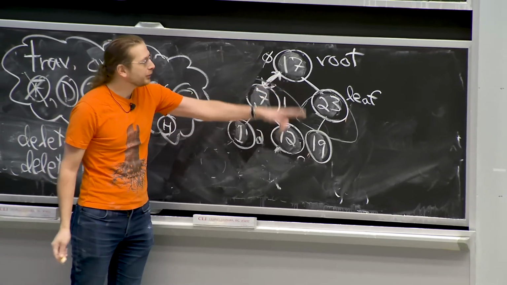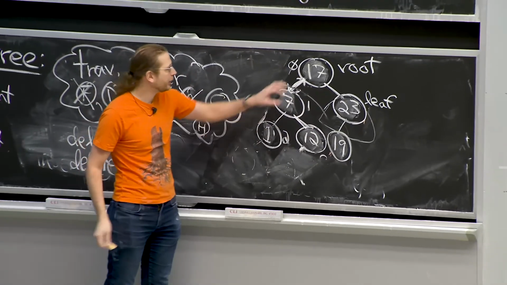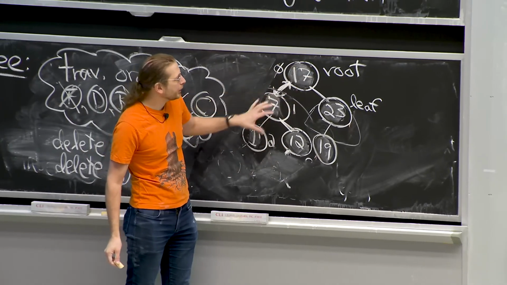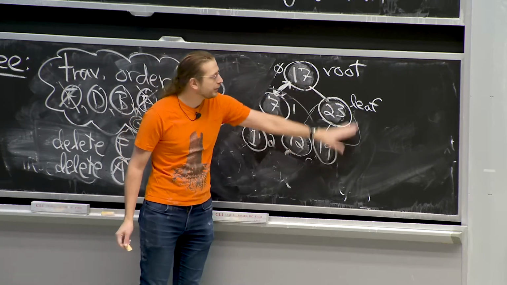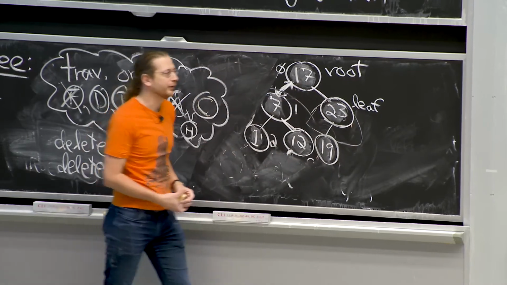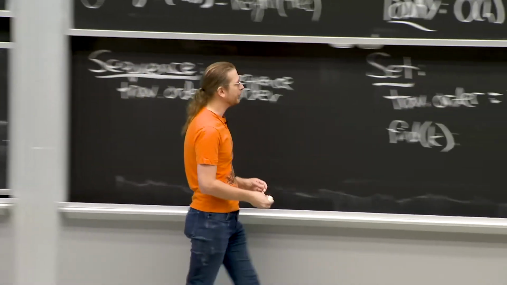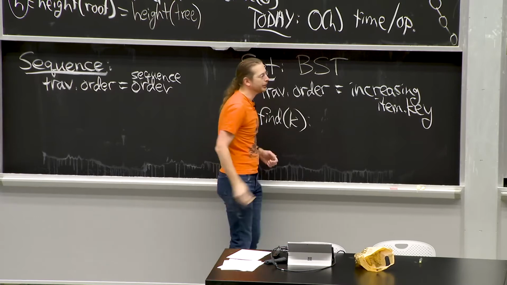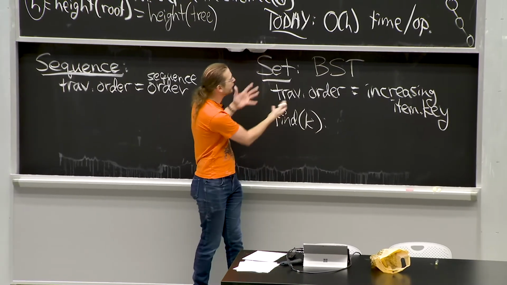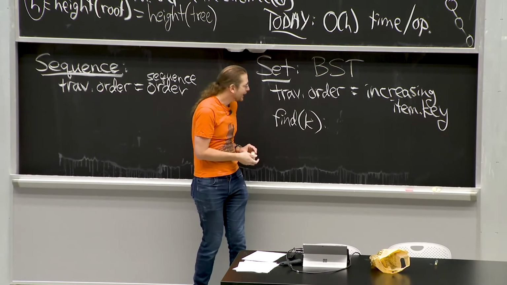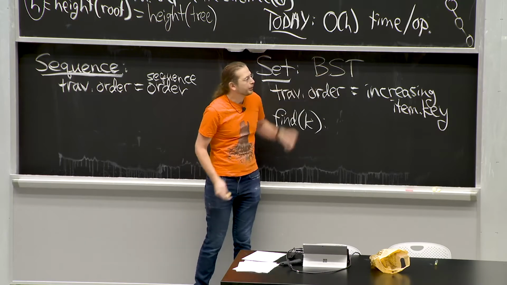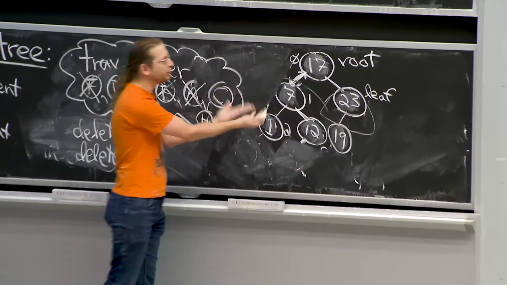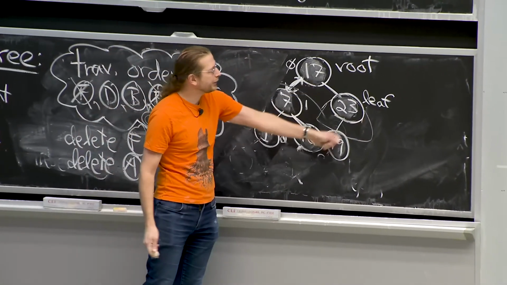This is now in key order. If you think of the traversal order, the property is that all the keys in the left subtree of the root are less than the root, and the root is less than all the keys in the right subtree, and recursively all the way down. This is something called the binary search tree property, BST property. Here we're calling them binary tree sets, or set binary trees, but they're also known in the literature as binary search trees, a term you may have heard before. So this is a special case of what we're doing where we're storing the keys in order.